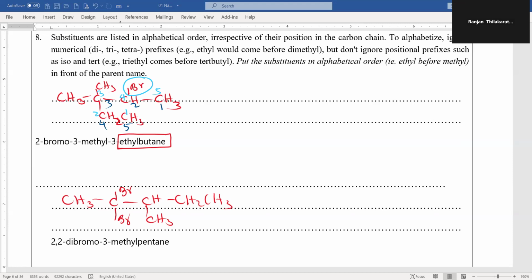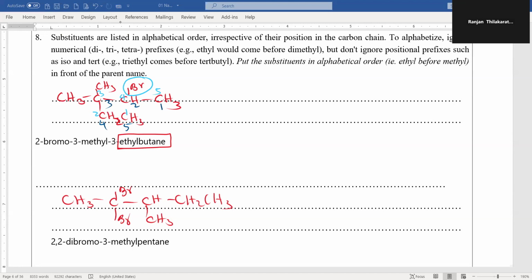Oh, sorry. In this case, you can choose 1, 2, 3, 4, 5, or 1, 2, 3, 4, 5. That means dark blue or light blue. Then bromine must get the least number. You have to label the chain as in the dark blue color, not the light blue.